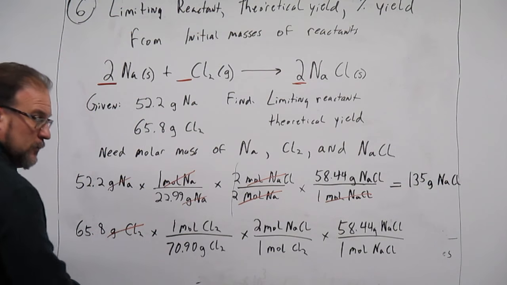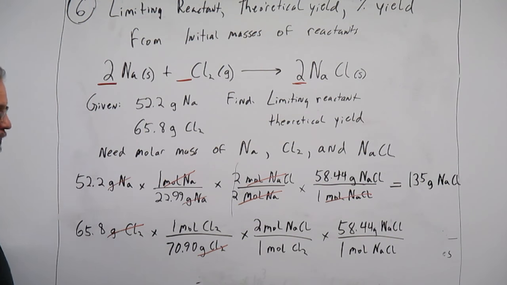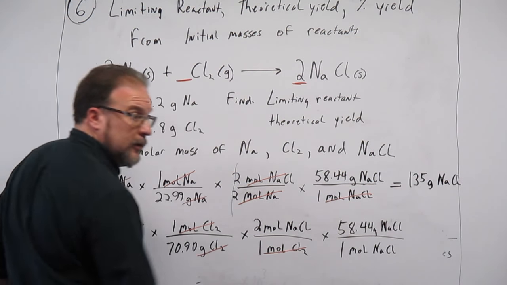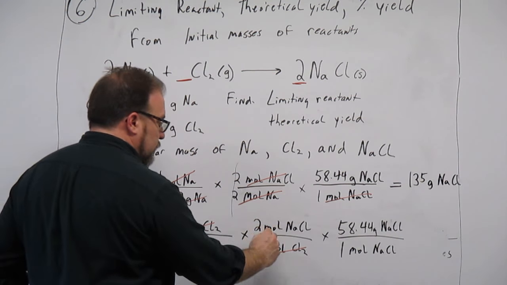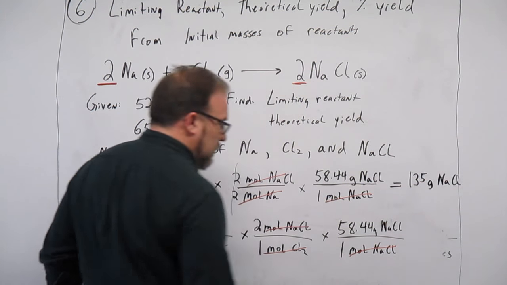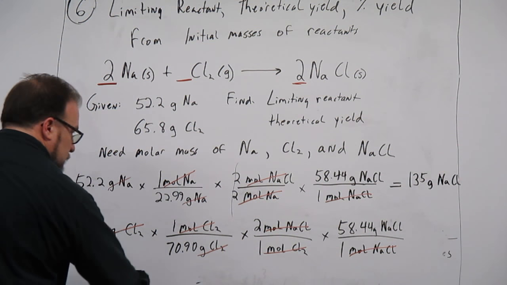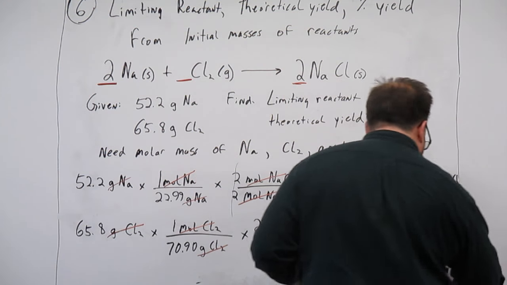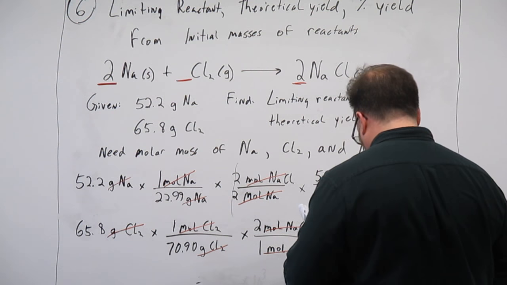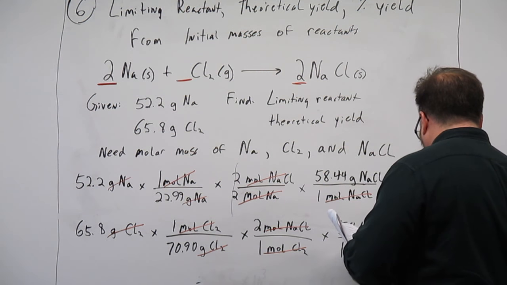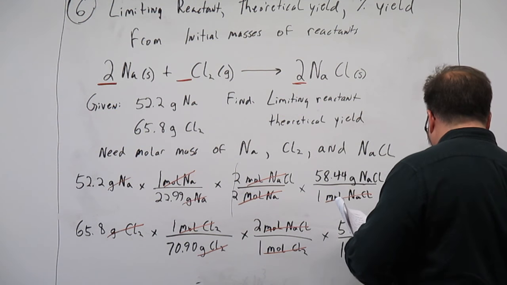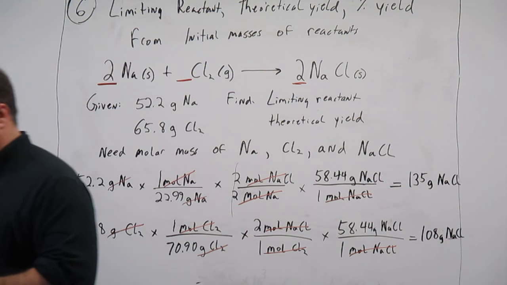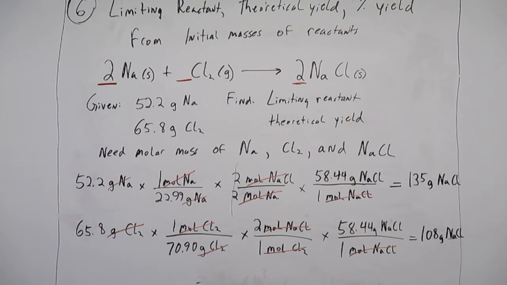Grams of Cl2 cancel with grams of Cl2. Moles of chlorine gas cancel with moles of chlorine gas. Moles of sodium chloride cancel with moles of sodium chloride. And I'm left with so many grams of sodium chloride. You do all the math on your calculator. I'm left with 108 grams of sodium chloride. All that to get the answer.